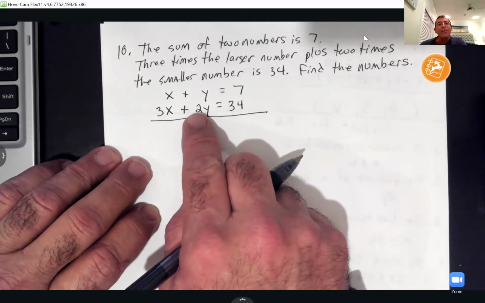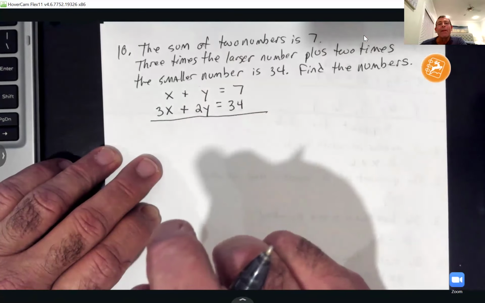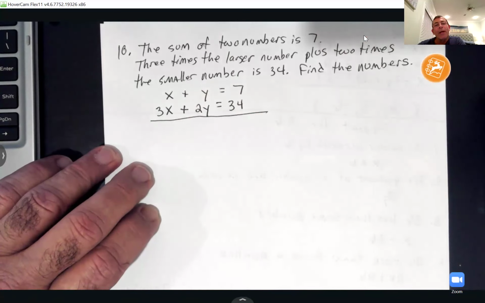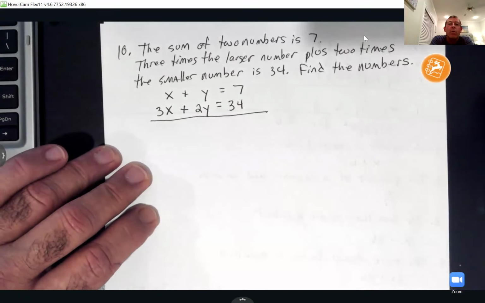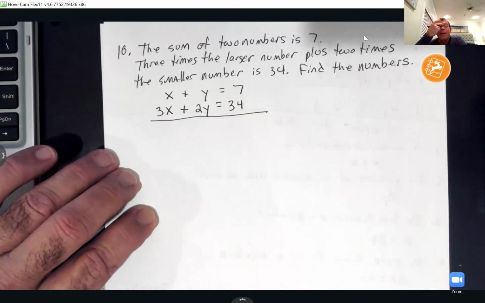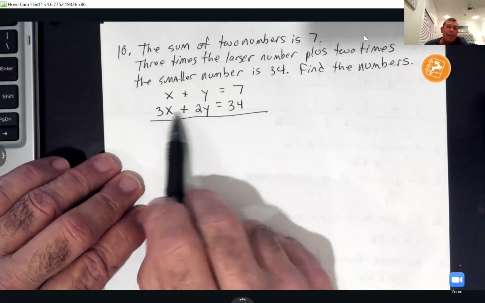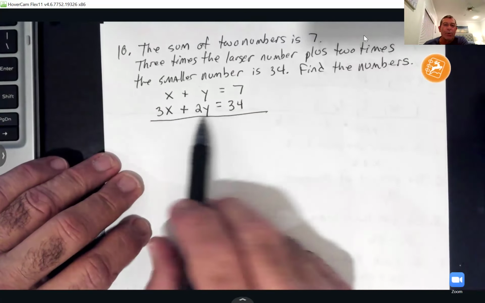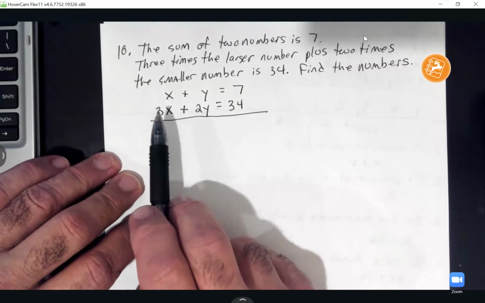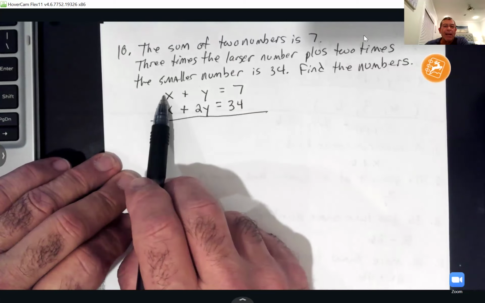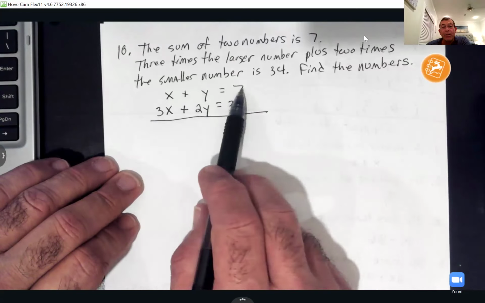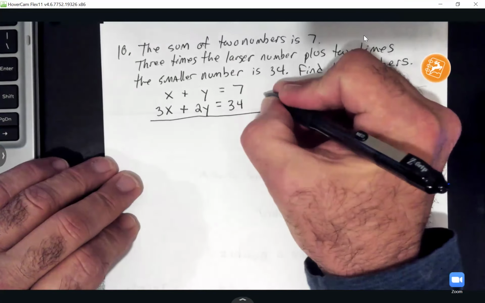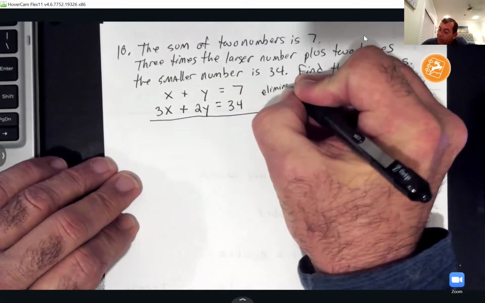So now you get to solve this for these variables. So pick a variable y'all want to eliminate. Oh, Nancy, I didn't see yours over here. Yeah, X plus Y equals 7. Perfect. All right, y'all. You're going to have to change the row no matter what on this one. So we can either get rid of the X's by multiplying by -3 up here, or get rid of Y's by multiplying by -2.